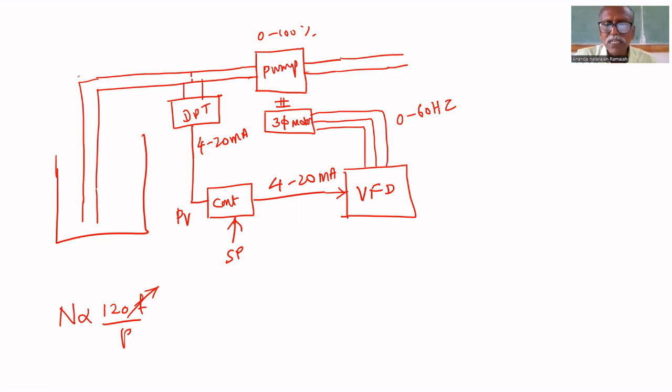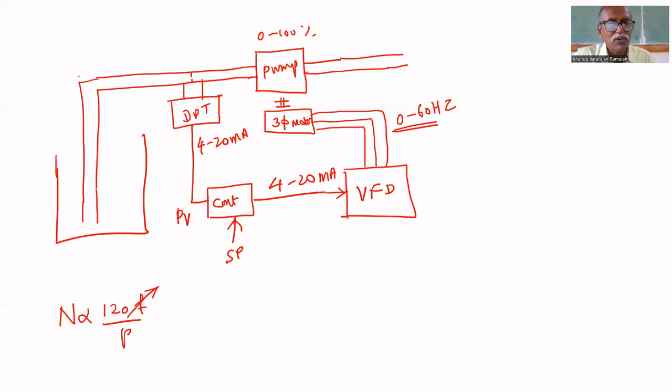So it's a 0 to 60 hertz power supply. It will give constant voltage, but frequency is varying. Its output depends upon the 4 to 20 milliamps. If 20 milliamps is given, 60 hertz; if 4 milliamps is given, 0 hertz. So frequency varies from 0 to 60 hertz.